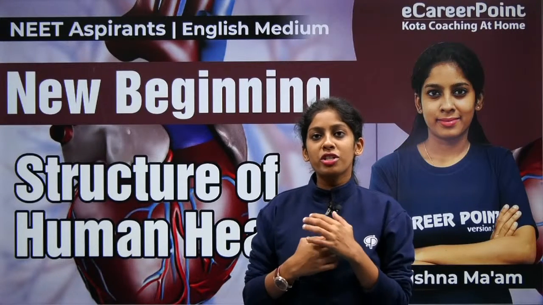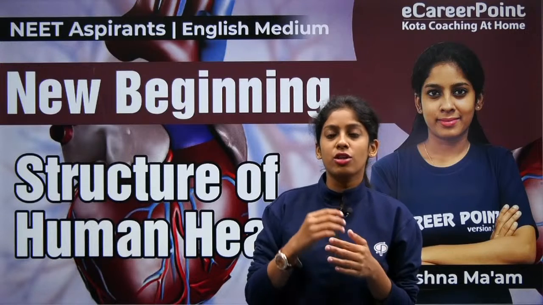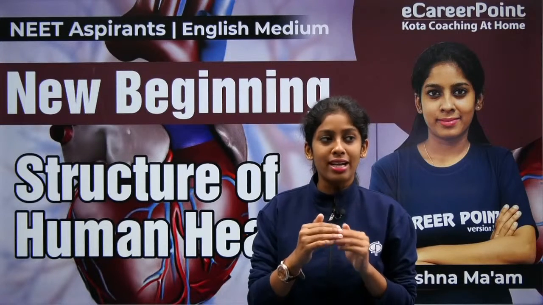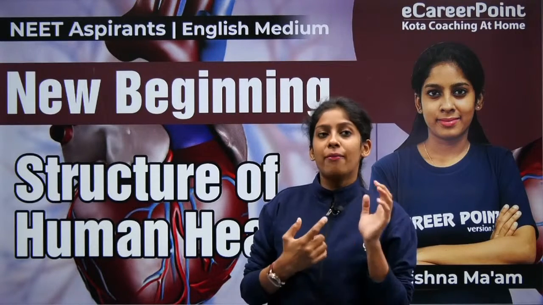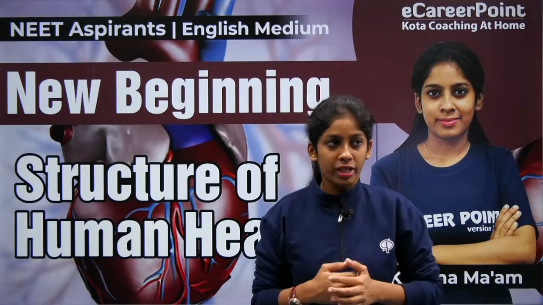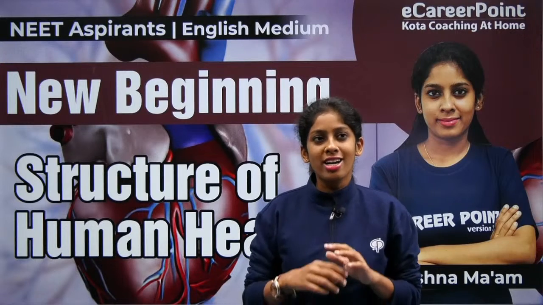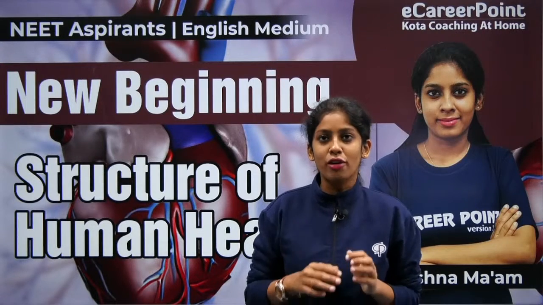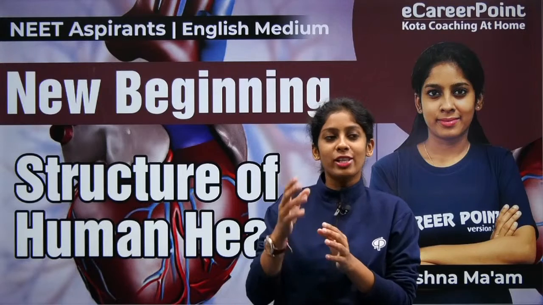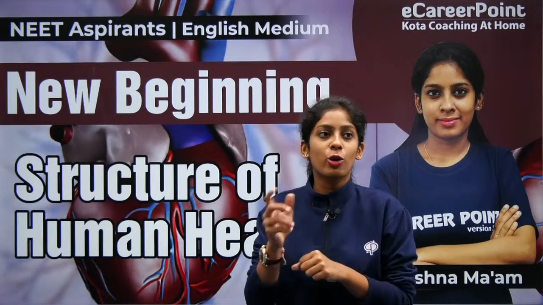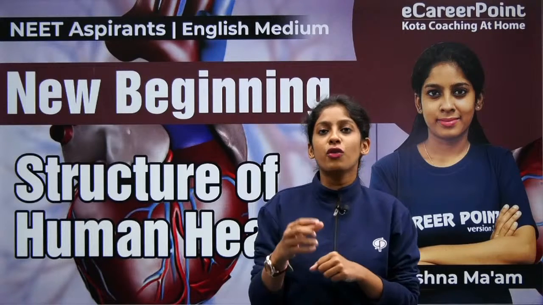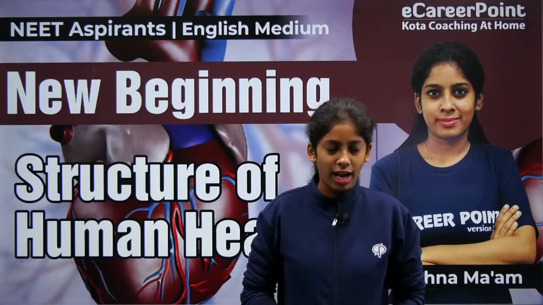Before that, let's also talk about what is lymph, that is a tissue fluid, and what is open and closed circulatory system. The structure of the human heart is really very simple, I can finish it in 5-6 minutes. So I thought I will finish the remaining portions, that is lymph and open and closed circulatory system, and then move into the structure of the heart.